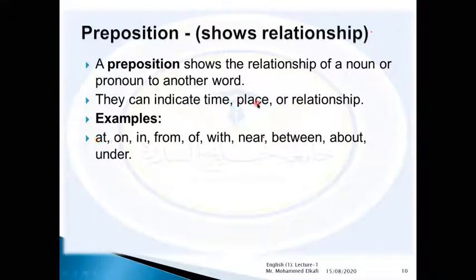At for place: at office, or at an office. On can also be used for time and for place. On Friday, time. On Wednesday. And for place, on the table. On the table, place.